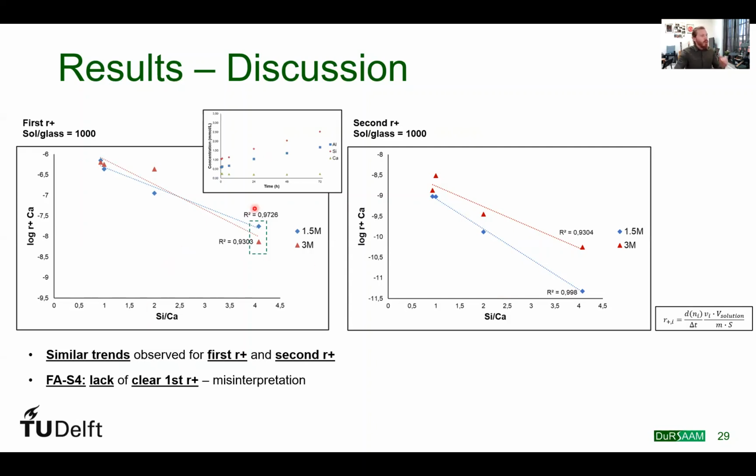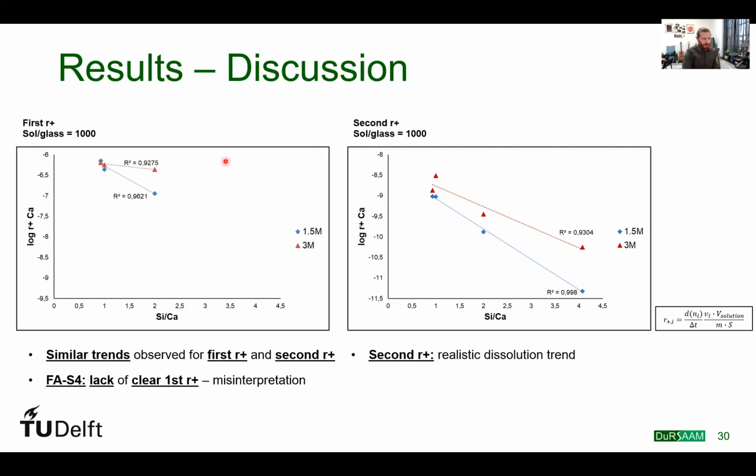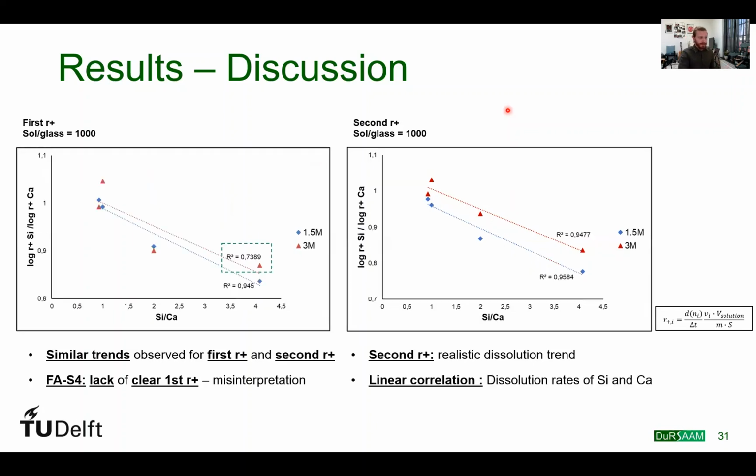However, we see a swap in the trend lines, which might be due to the fact that fly ash S4 doesn't have a pretty defined first peak of concentration, so it's just a continuous increase, and that might lead to misinterpretation of the results. If we remove that data point, we see that the trend is more similar in between the two stages. So we can consider the second dissolution rate as a realistic trend.